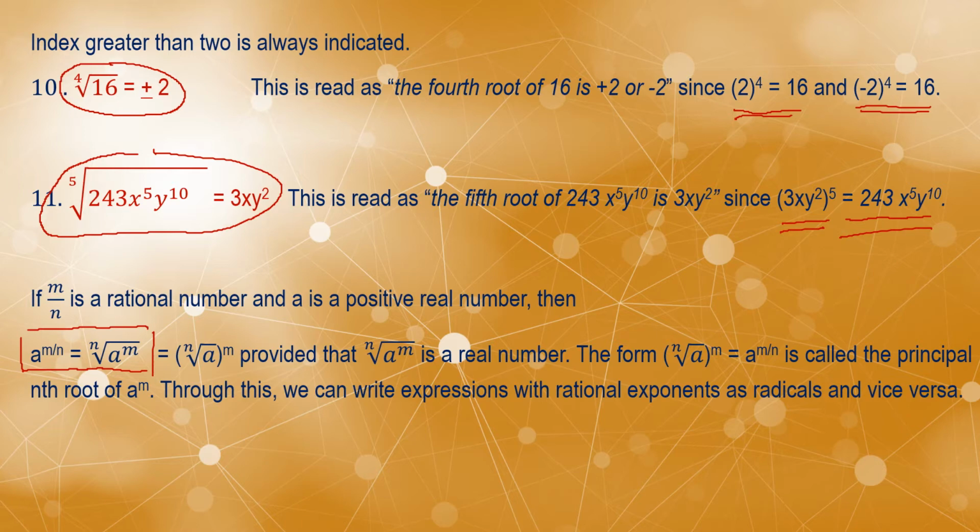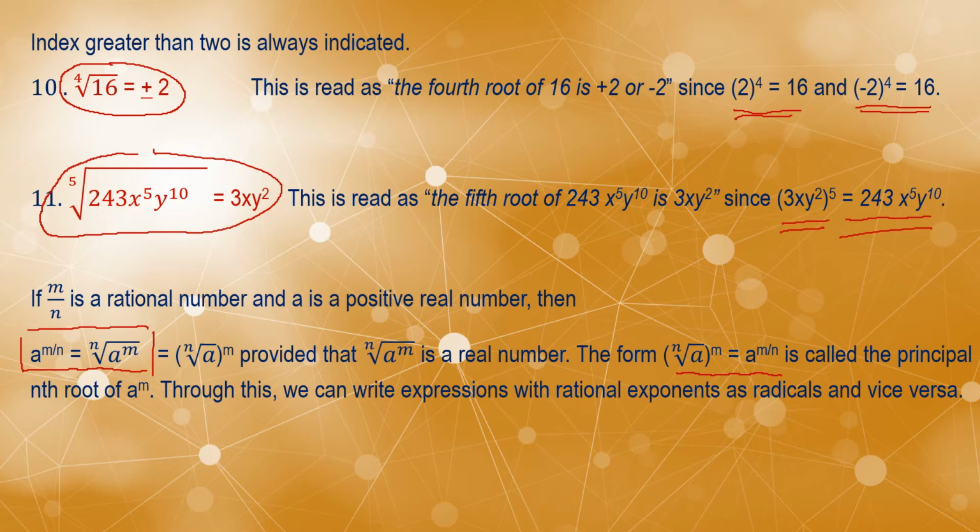So the form nth root of a raised to the m power is equal to a raised to m over n. It is called the principal nth root of a raised to m. Through this, we can write expressions with rational exponents as radicals and vice versa.